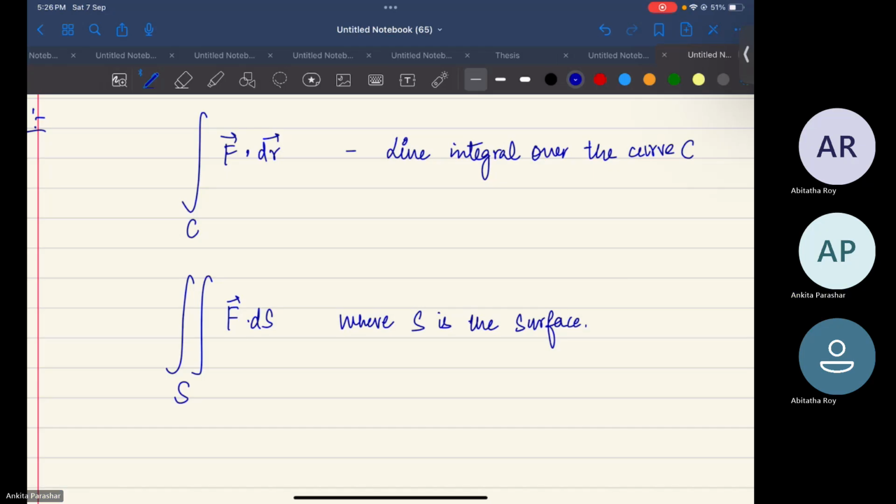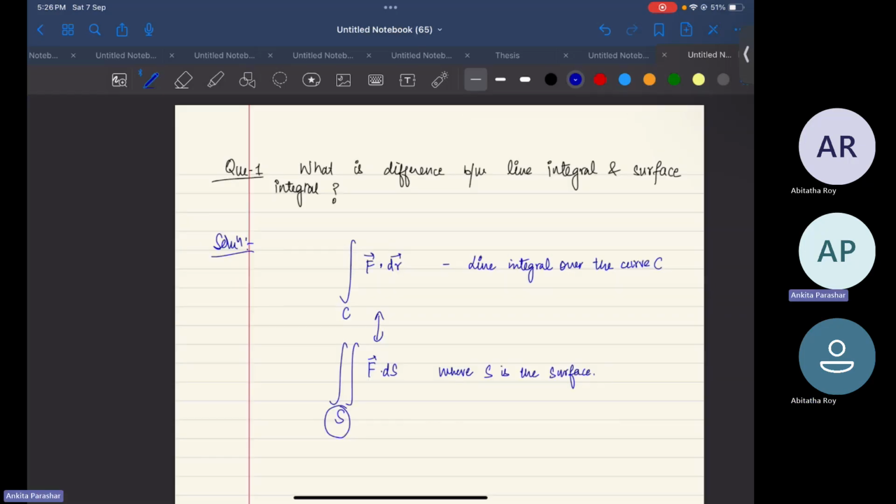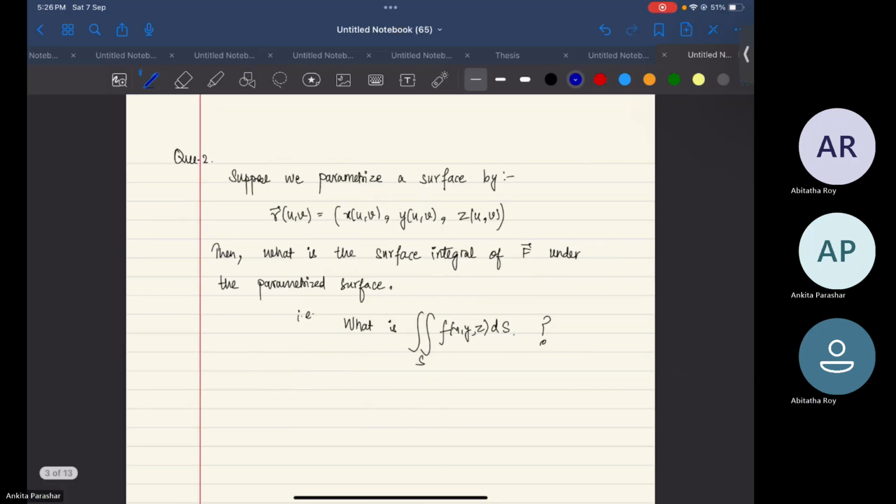On one side we have the line integral, which is just over the curve. To relate the two, you can go by the boundary of the surface and get a curve, so you can form a curve out of the surface by looking at its boundary. All right, so this is all.